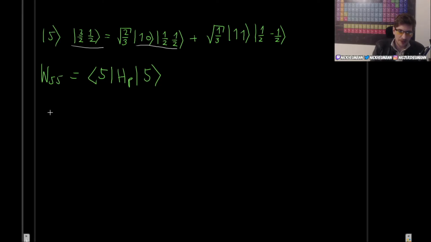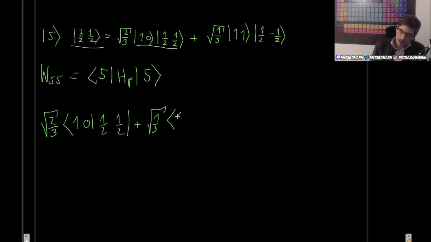So the bra of 5 would be the bra of this. So we get the square root of 2/3, right? We have real numbers, so no need to worry about the complex part. Then we get 1, 0, 1/2, 1/2, plus the square root of 1/3, 1, 1, 1/2, minus 1/2.